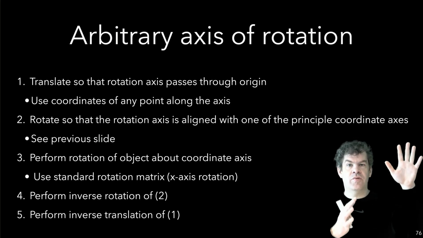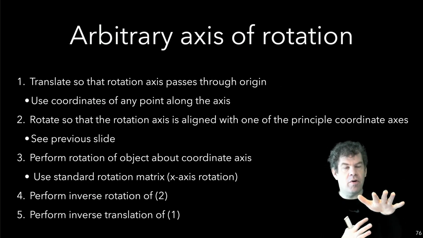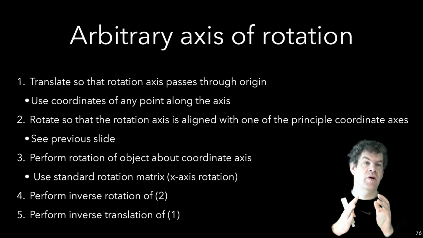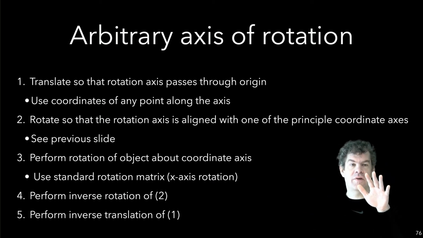Then I use my base change. This will basically map my coordinates RST into the X, Y, Z axes. And then I just rotate around the x-axis, because this happens to be where my R is now mapped to.